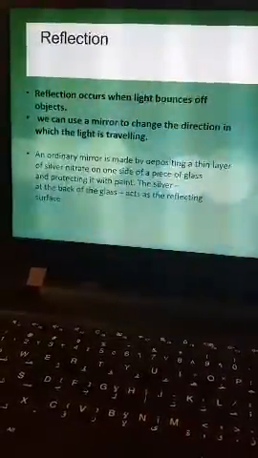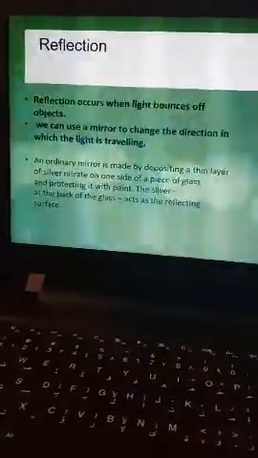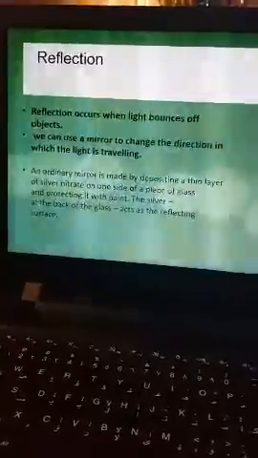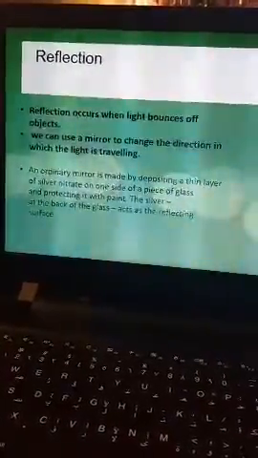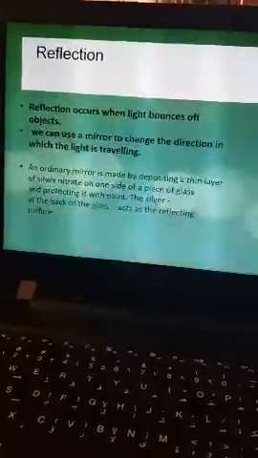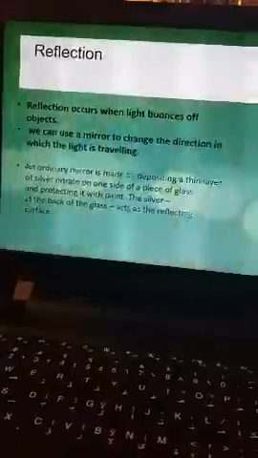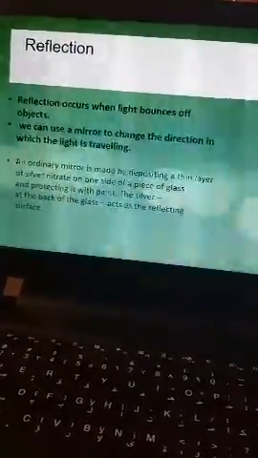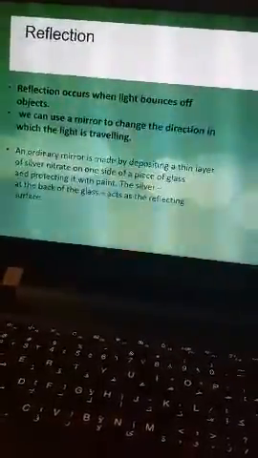We can use a mirror to change the direction in which the light is traveling, but some surfaces reflect light more than other surfaces. Okay, the same as what? A mirror. A mirror is made of what? A mirror is made of glass. One side of this glass has a thin layer of silver nitrate deposited on one side of a piece of glass.